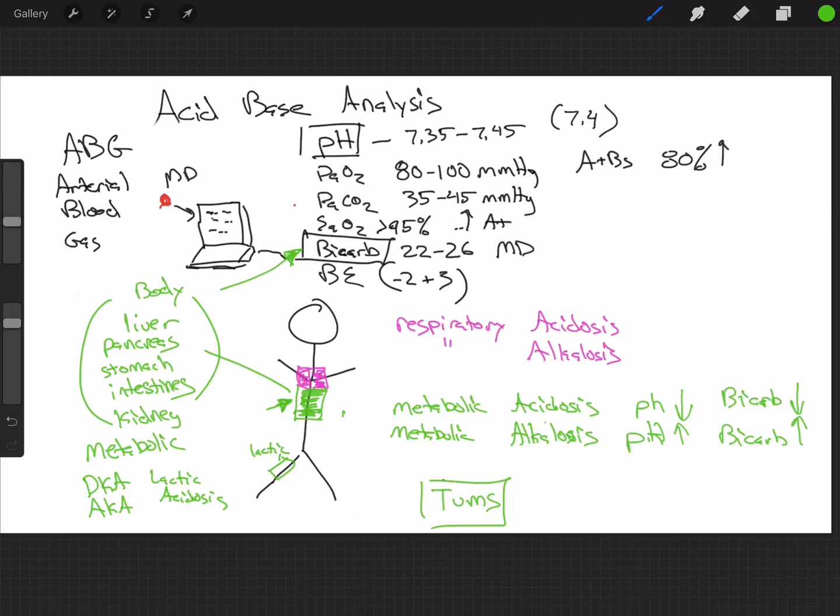So again, if the pH and the bicarb move together, they both go up or they both go down, that's a metabolic cause. If they don't move together, just the pH is high or the pH is low, but bicarb is either opposite or normal, then that's a respiratory cause. So if you haven't written down, write down what these normal values are for the ABG. I'm going to erase this screen in a second and give you a few practice problems.